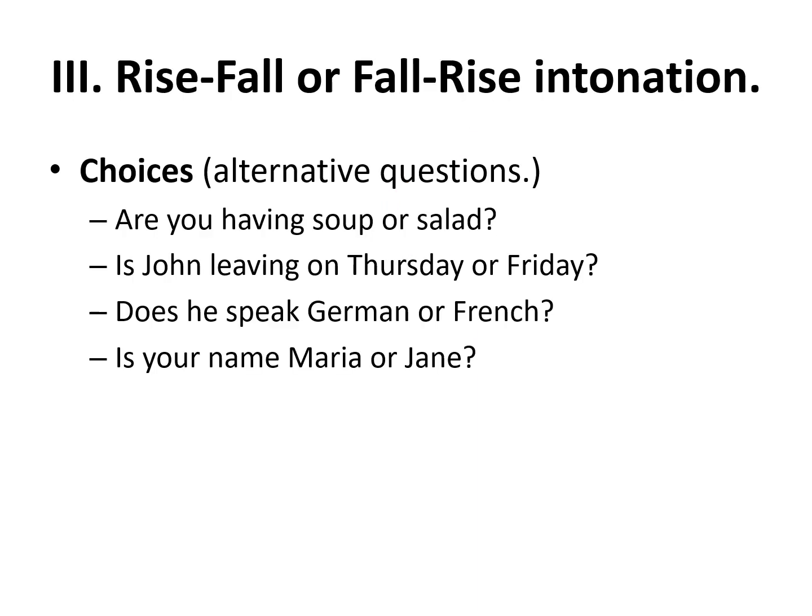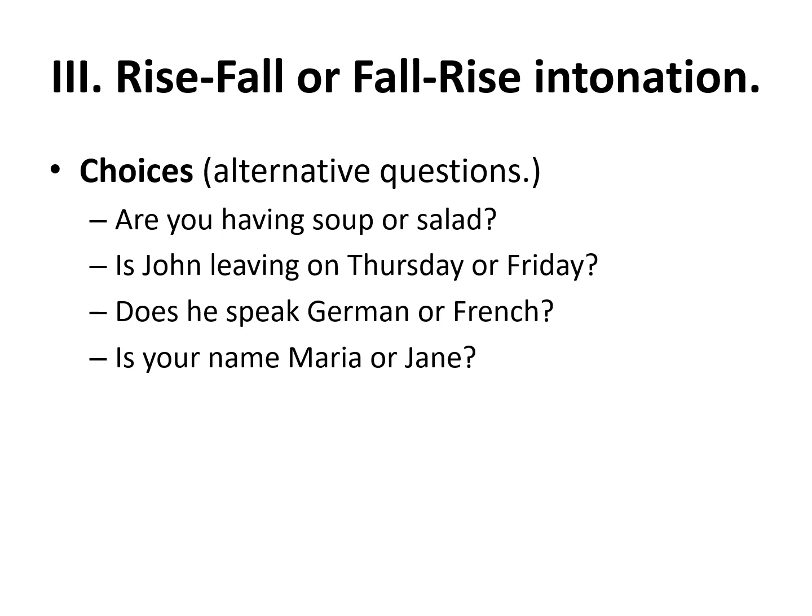Now we have another category, rise fall or fall rise intonation. Especially when we go for choices, alternative questions, we have the first part as rising intonation and the second part as falling intonation. Look at the first example here.